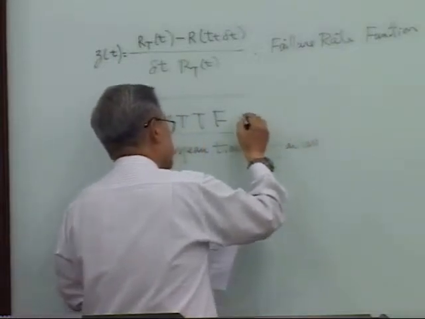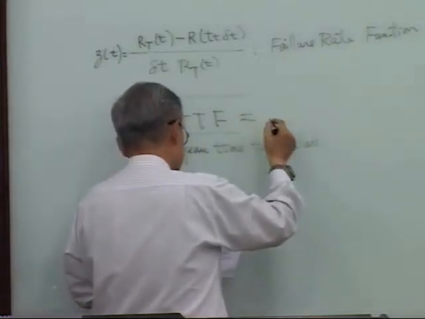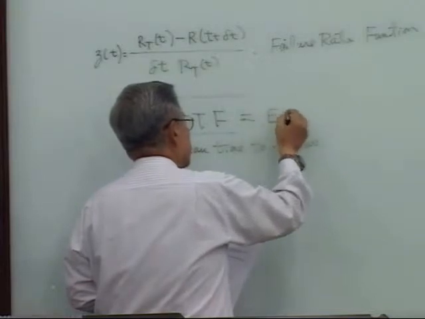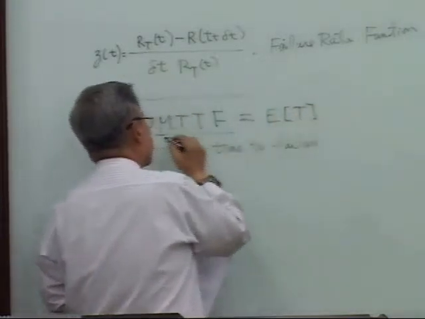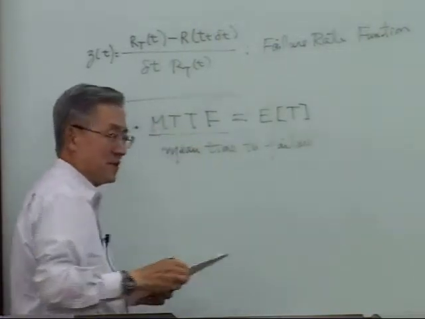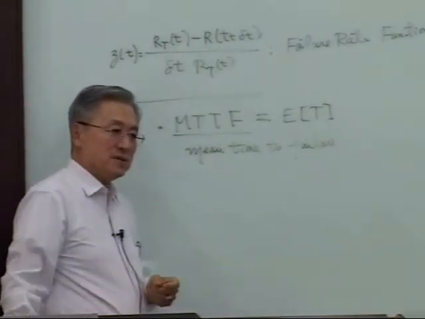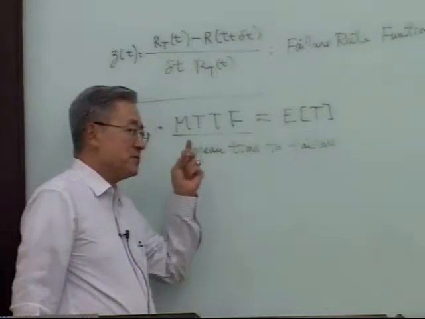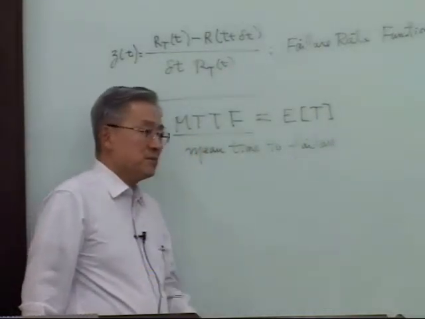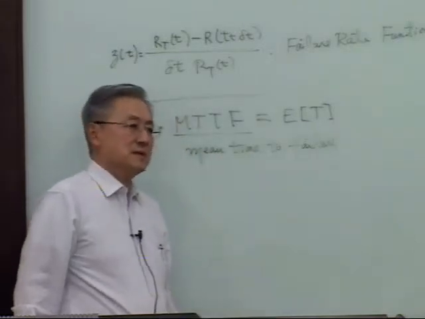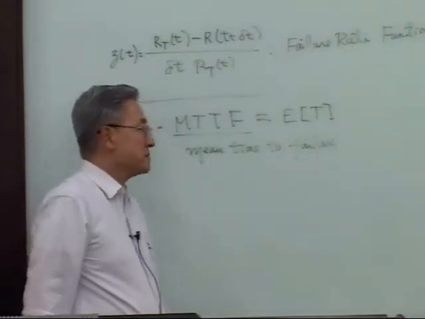So this is equal to exactly that ET, and they have a specific name: mean time to failure. Jungan, have you heard of MTTF? Mean time to failure, processing reliability, okay?